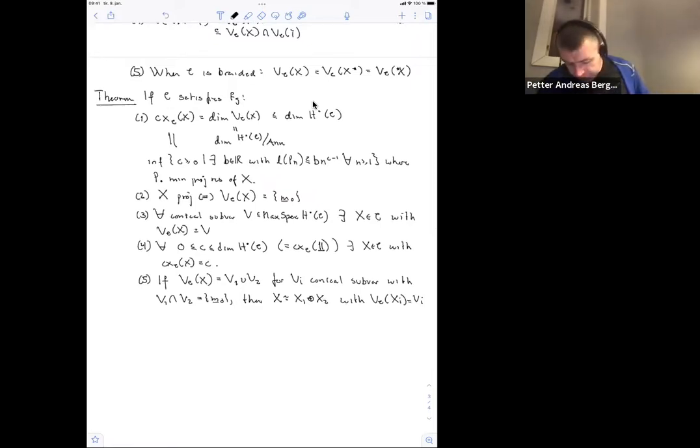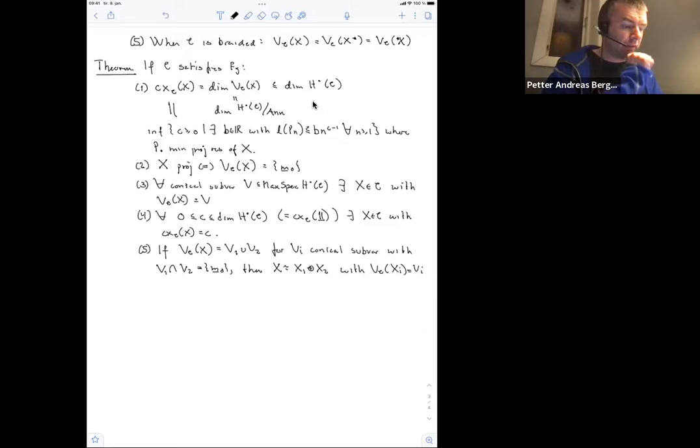So this is what you can say when you assume that the category has finitely generated cohomology, and of course it's been conjectured that all finite tensor categories have finitely generated cohomology.